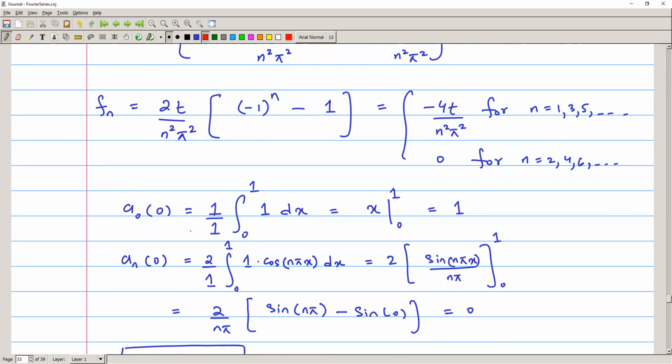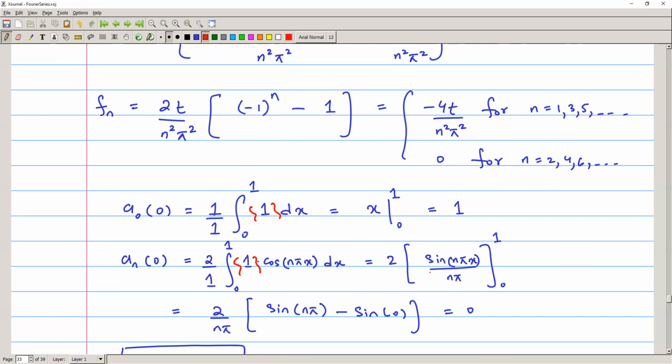So now a naught of 0 is equal to 1 over 1 times the integral of the initial condition dx, that is given as 1. So we'll integrate this, and we will get 1. Then we'll find an of 0, that is the initial condition for n, and 2 over 1 times the integral of the initial condition with the product of cosine n pi x over L, that is 1 in this case, right?